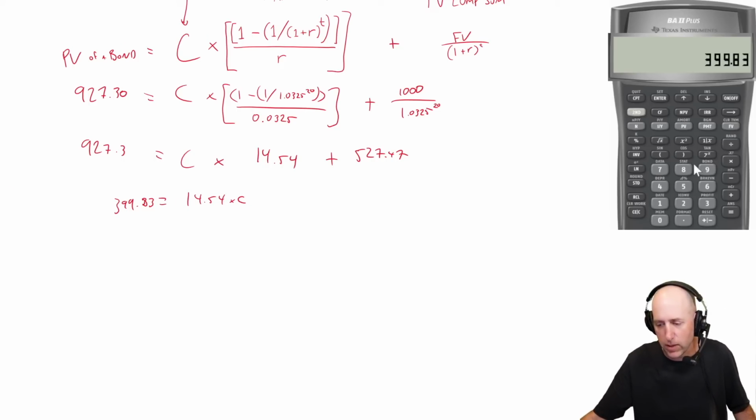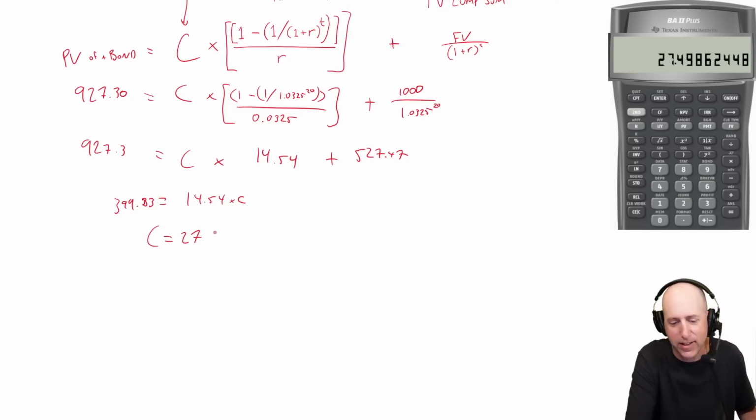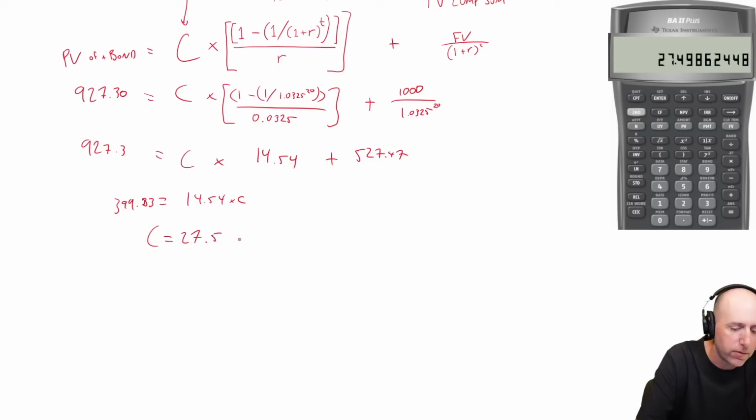So this number divided by 14.54 equals our payment. C equals 27.4986. We're going to call this 27.5.